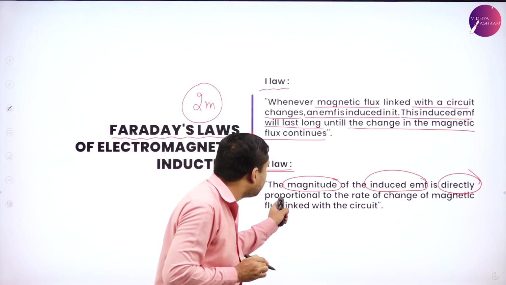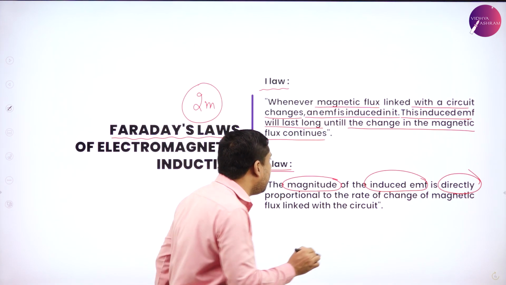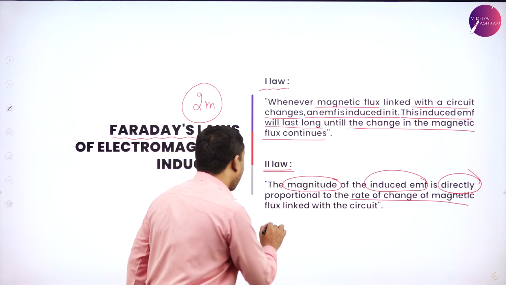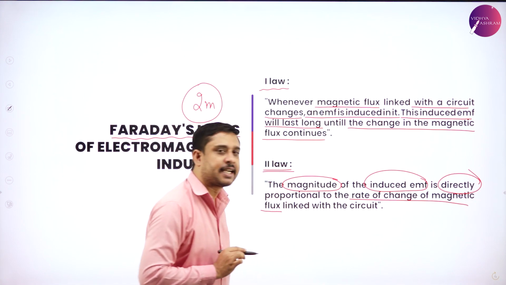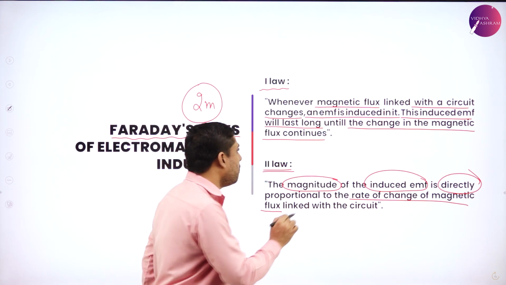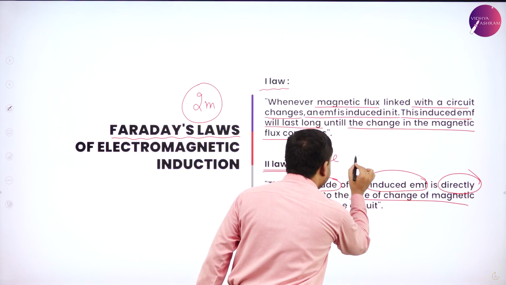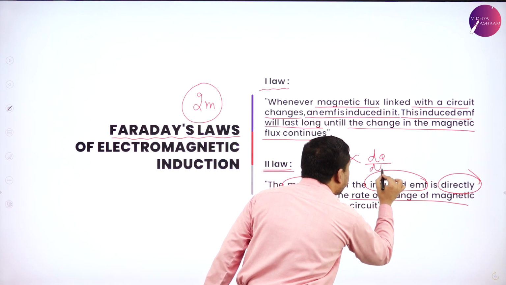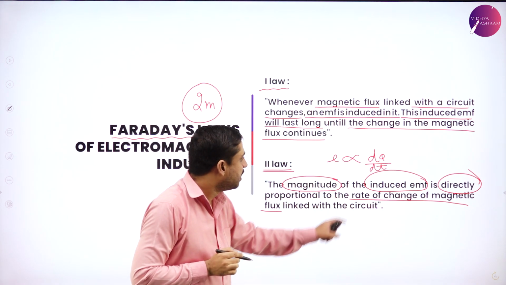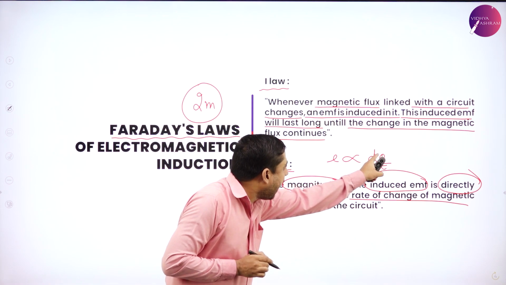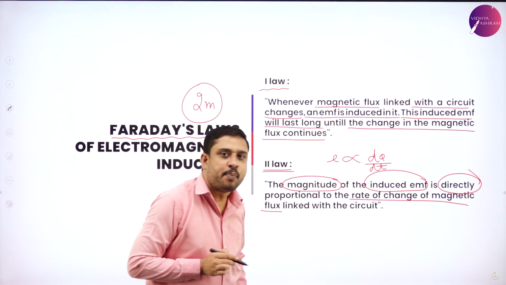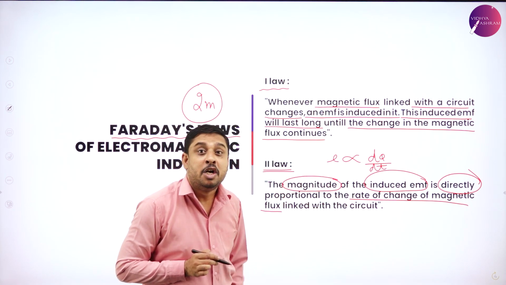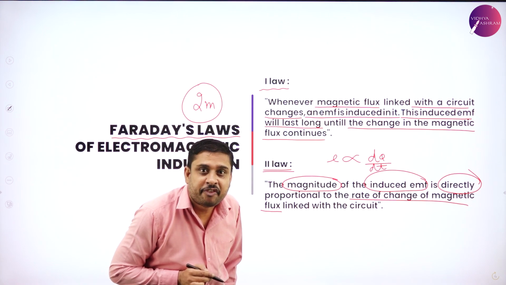to the rate of change of magnetic flux linked with it. So mathematically I write E is proportional to dφ by dt. Change in magnetic flux with respect to time is directly proportional to induced EMF.